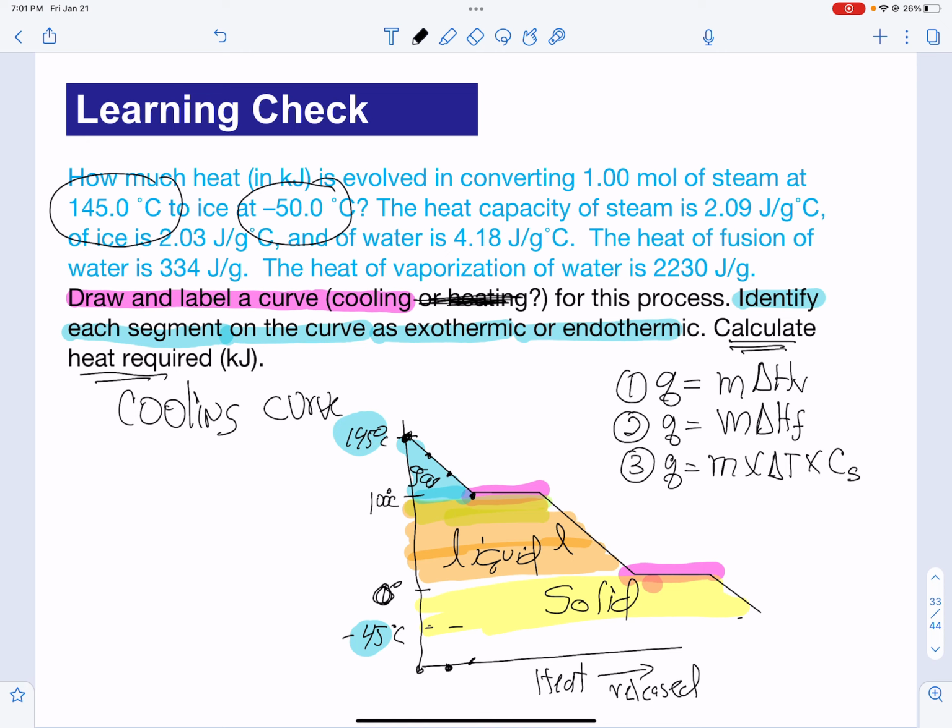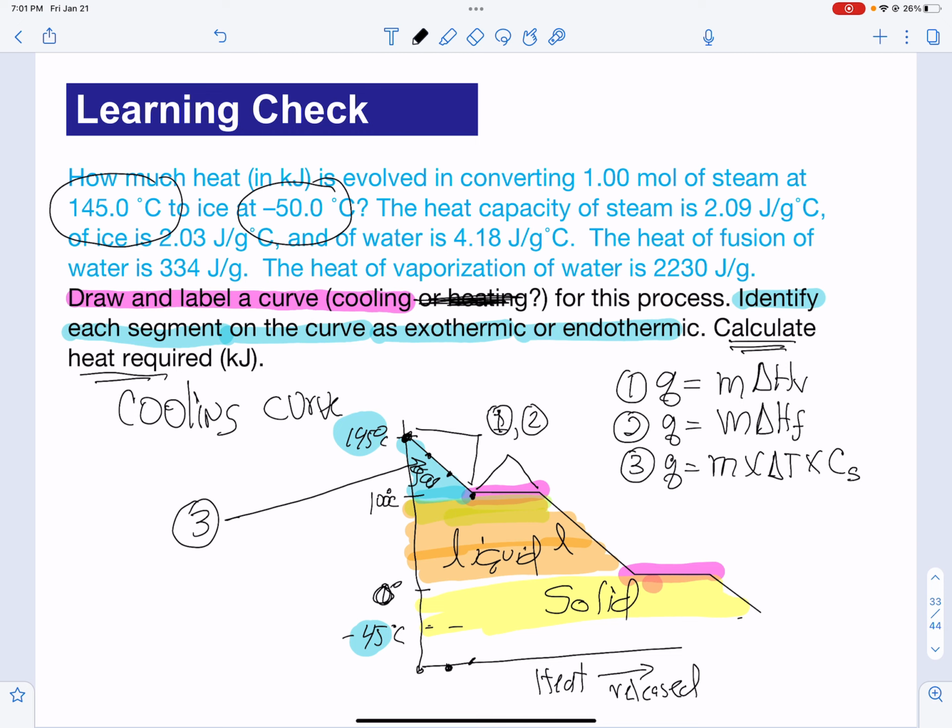And what I'm gonna say is, for this particular section, from here to here, the temperature is changing, so I'm gonna have to use formula 3. For this particular process, the temperature doesn't change, so it's gonna have to be 1 or 2.